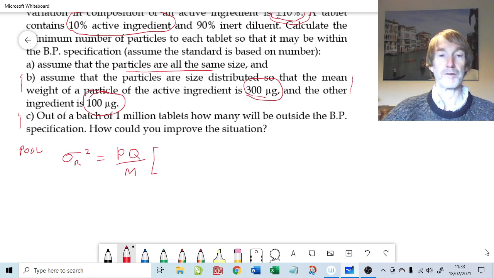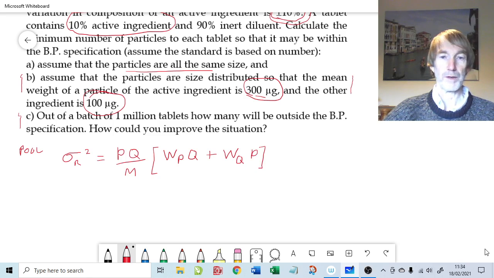A sample taken from a mixture of powder should be equal to the same mass as the final product, which is a pill in this case, so that M is the mass of the pill. And then we have the average weight of particle P times Q, the fractional component of the other material, against the average weight of the other material particle times P.